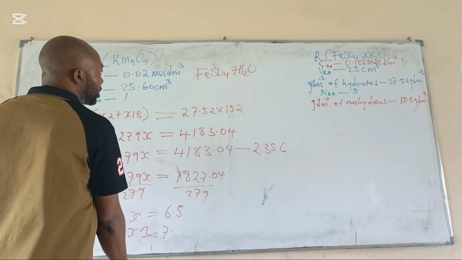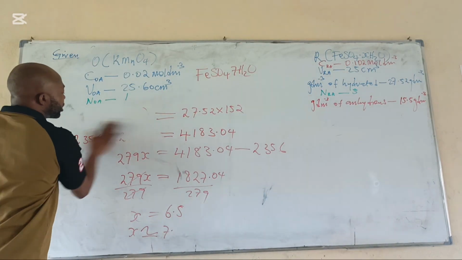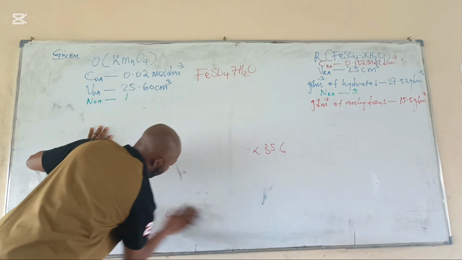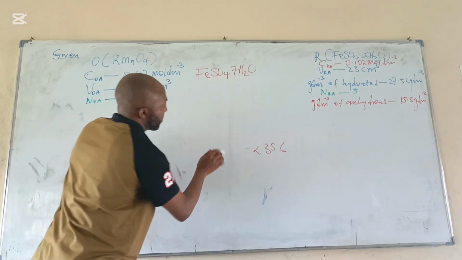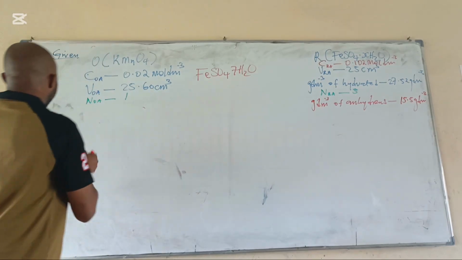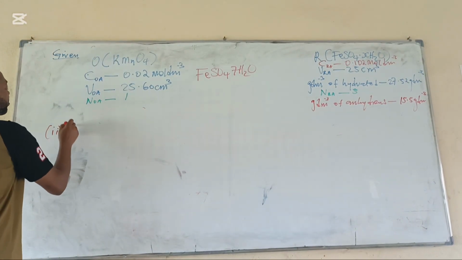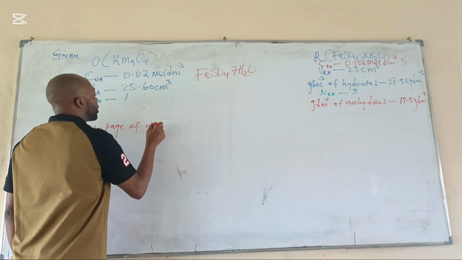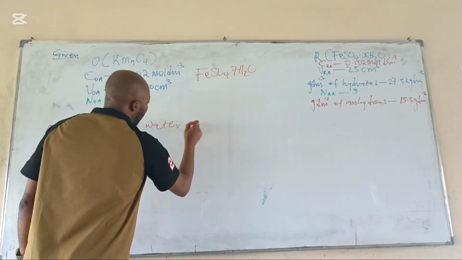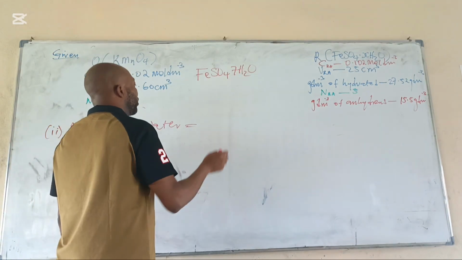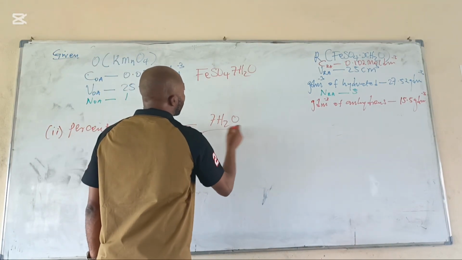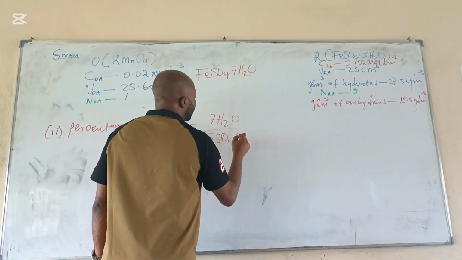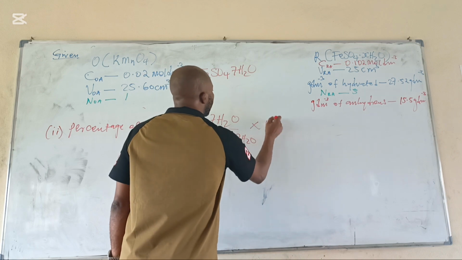So the next question is the percentage. So let me take this out, which is 7. The next thing is percentage of water of crystallization. The percentage of water of crystallization is the value of the water, which is 7H2O, over the total compound, which is this, 7H2O, times 100.